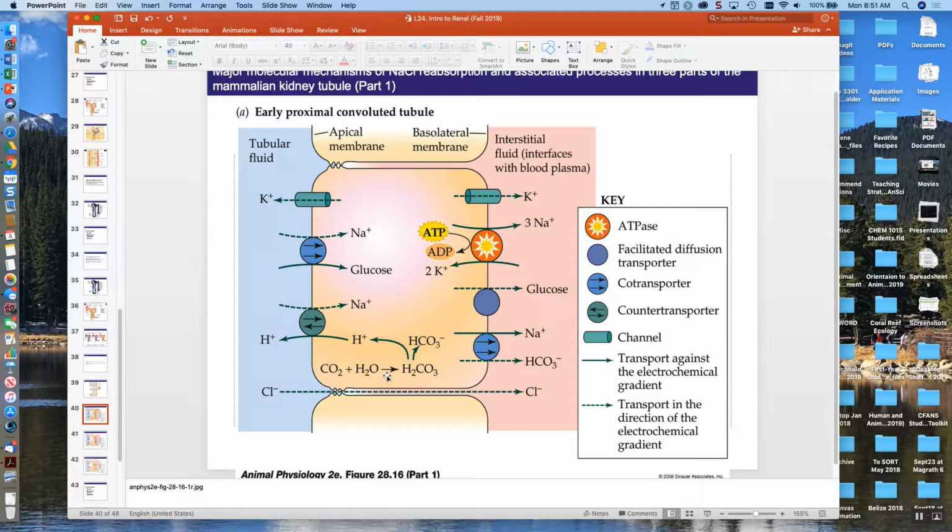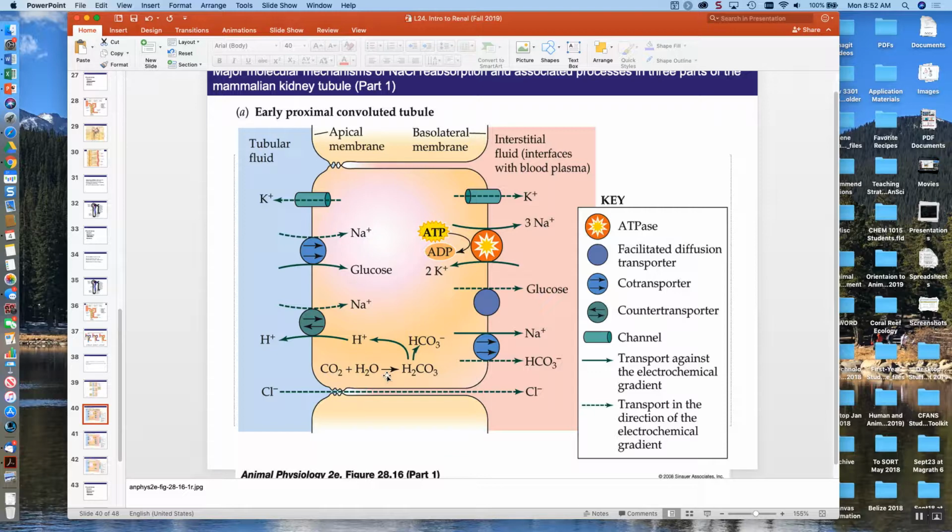Now, carbon dioxide is a molecule, a gas, that can freely enter into the epithelial cells of the proximal tubule. It just diffuses, passive diffusion, right into the cells. It reacts with water with the help of carbonic anhydrase and is converted to carbonic acid, which is then converted to protons, these hydrogen ions, and bicarbonate ions.